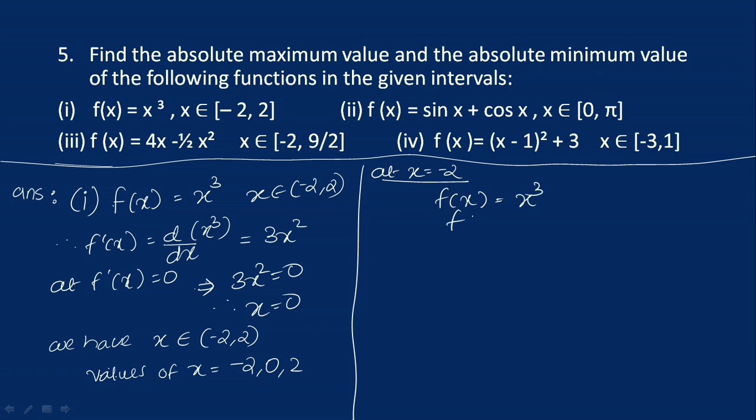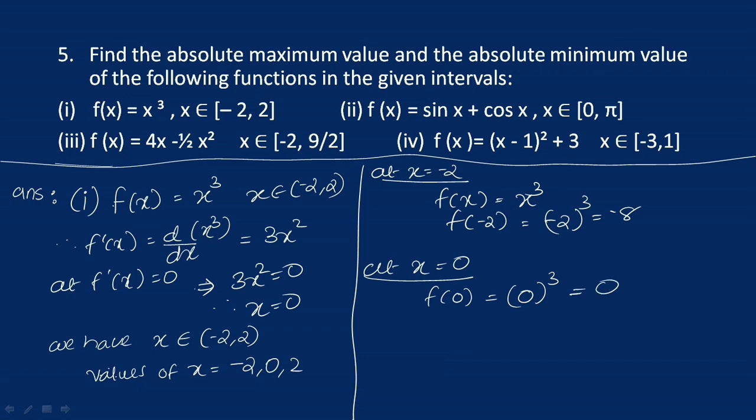First, at x = -2, we have f(x) = x³, or f(-2) can be written as (-2)³, that is -8. Now we will be finding what is at x = 0. The next value of x, that is f(0), which is 0³, that is 0 itself.